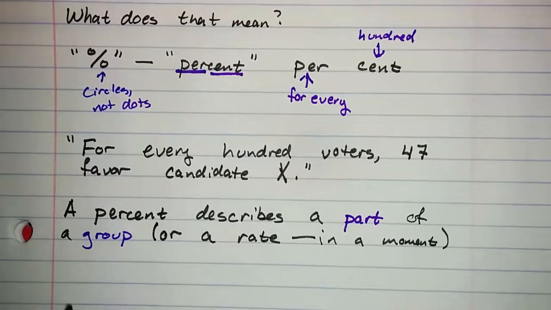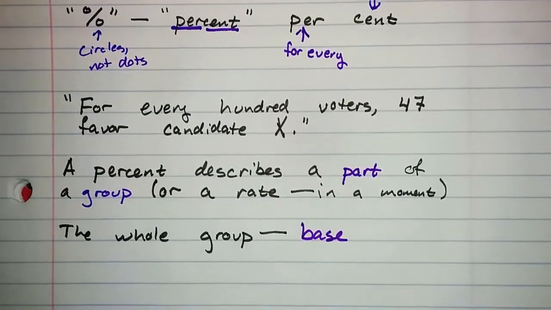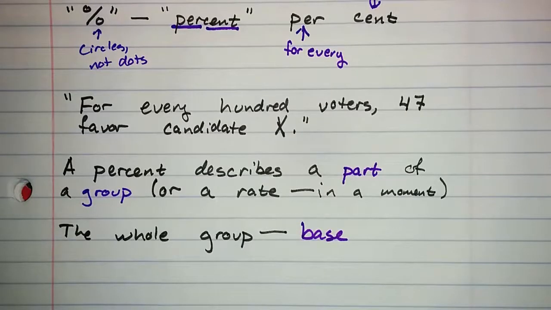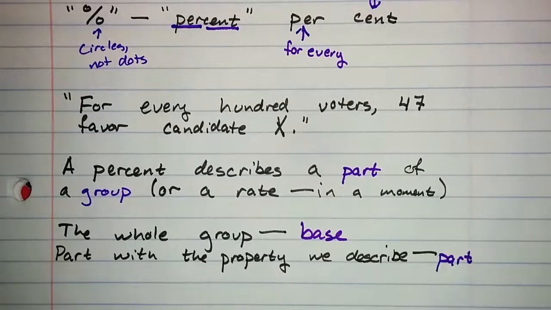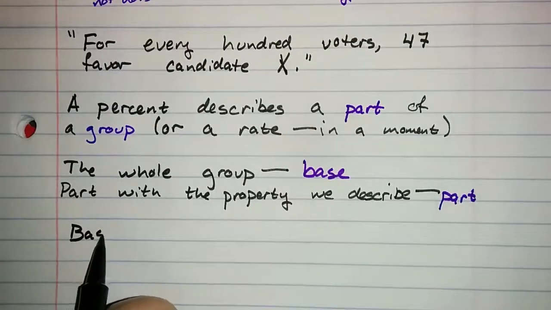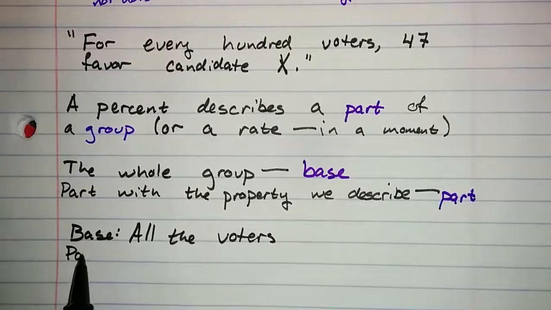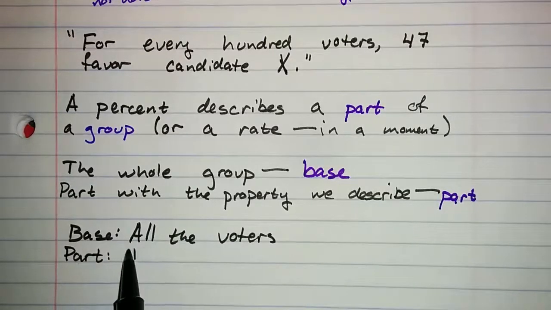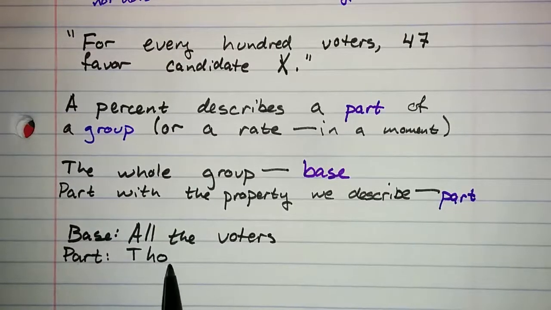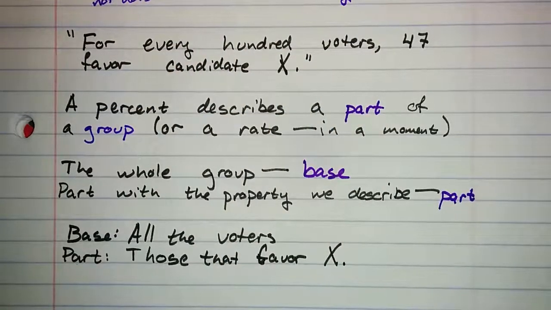The whole group, we call that the base. And then the part that has the property we describe, we call the part. In our candidate X example, the base is all the voters, and the part is those that favor candidate X. Now, what does this mean in terms of exactly how many voters favor candidate X?